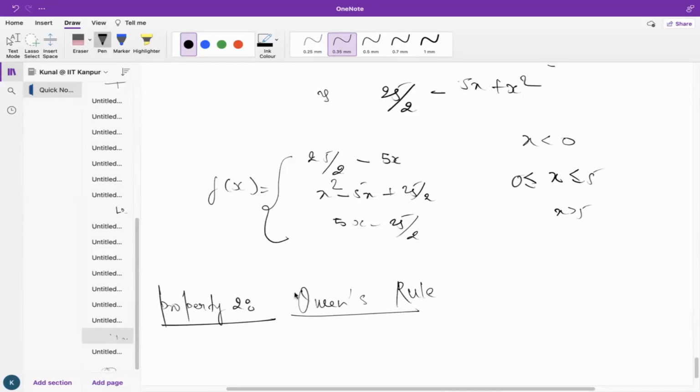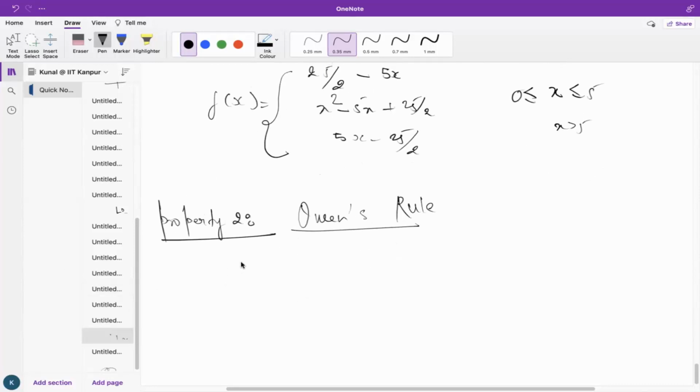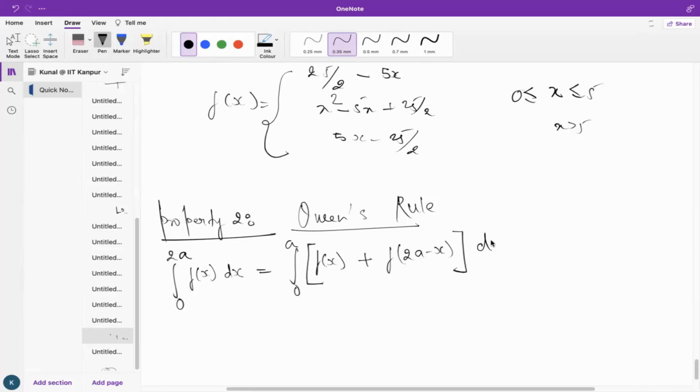Queen's rule states that, let me write it first and then I will explain. If we are integrating a function from 0 to 2a, f(x) dx, then it is equal to the integral from 0 to a of f(x) plus f(2a minus x) dx, right?